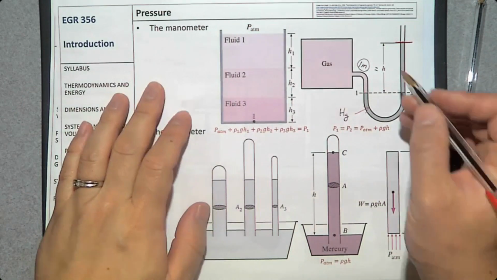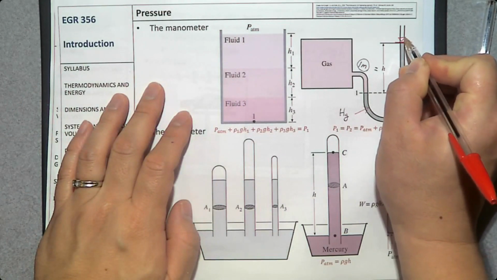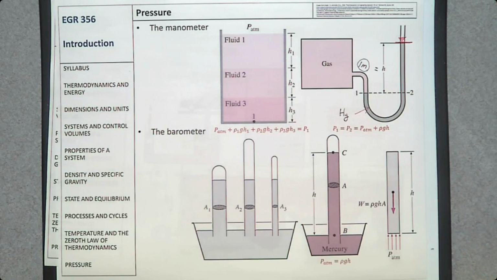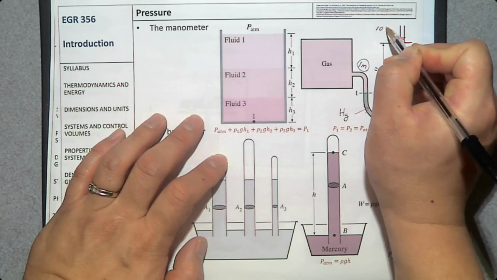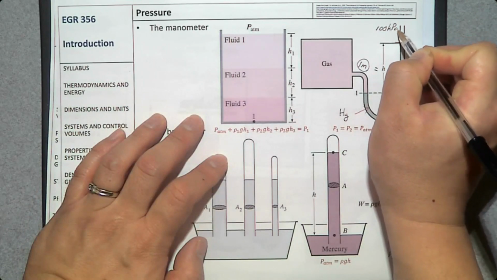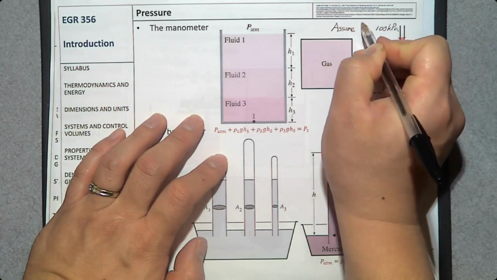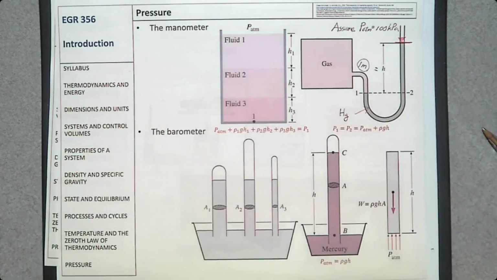So we should have an upside down triangle here to show that this one is at atmospheric pressure. What is the atmospheric pressure? Oh, we don't know. So let's assume it's 100 kilopascal. It's our assumption. Assume PATM, not the automatic teller machine, is 100 kilopascal.